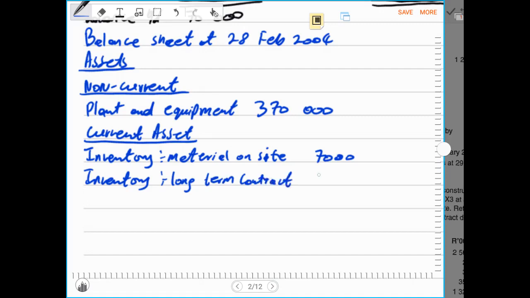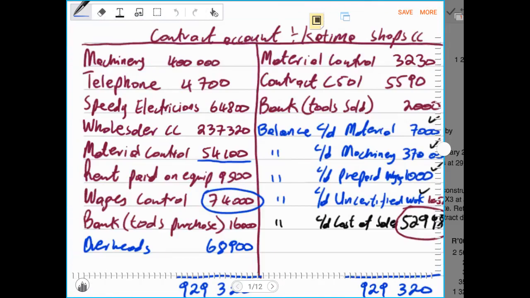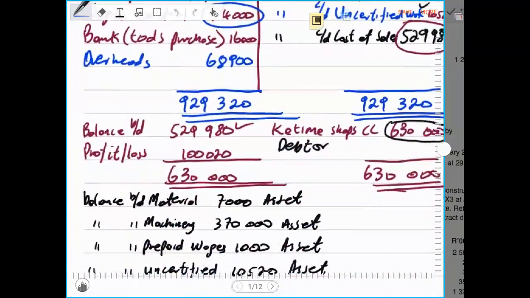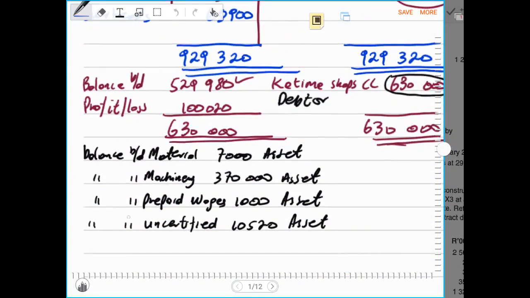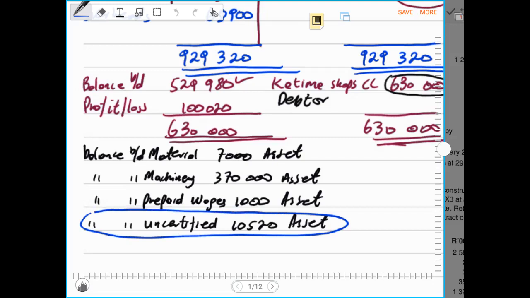The inventory in terms of long-term contract is the 10,520, because the contract is a bit long. By the end of the year there was work that was not certified yet, but it was completed because of the period of the contract. It's still a long-term contract. So in the statement of financial position, we don't record it as uncertified work, but we record it as long-term contract.